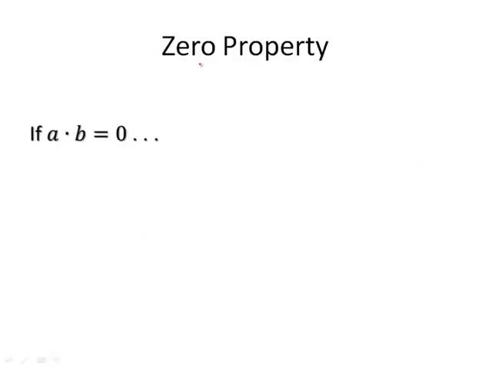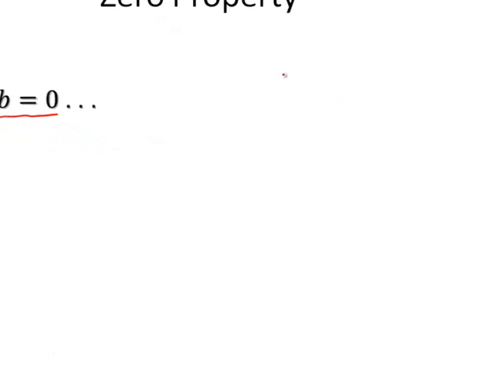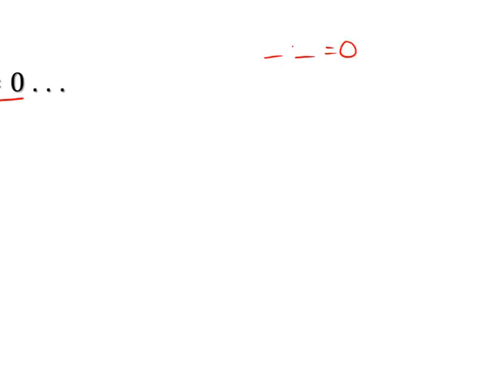Let's first consider the zero property. The zero property considers what happens when two numbers multiply to give zero. What can you recall about the numbers when something equals zero?